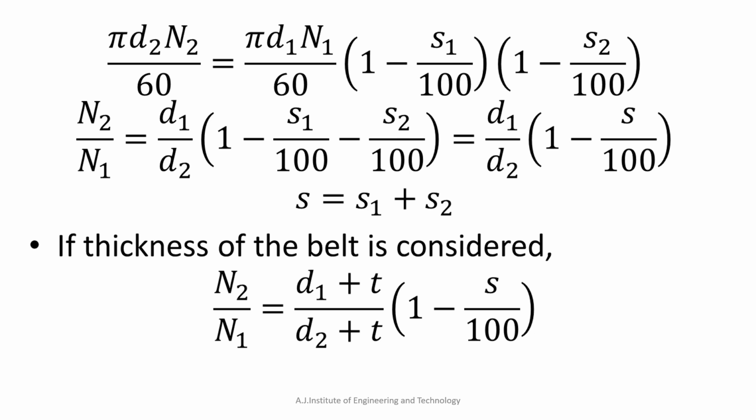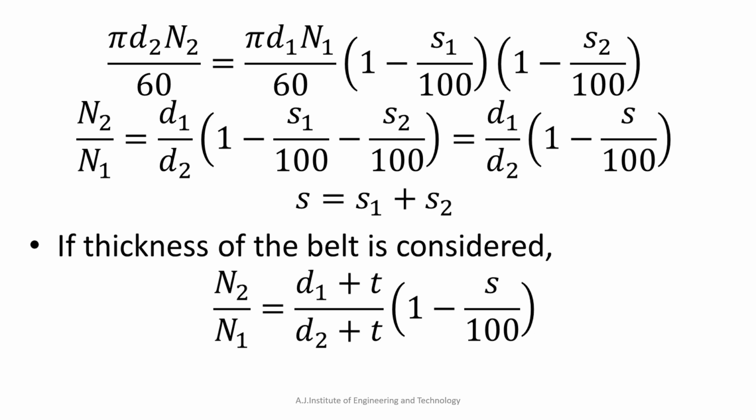Based on that, you can conclude that d1 divided by d2 is multiplied by 1 minus S1 plus S2 in brackets divided by 100, which is nothing but S divided by 100. Finally, n2 divided by n1 is equal to d1 divided by d2 into 1 minus S divided by 100.